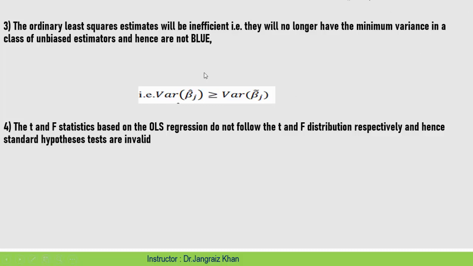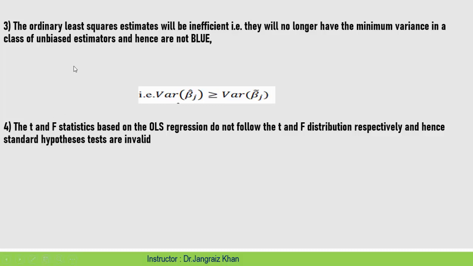Means, for example, let Bj hat and Bj bar be two estimates of the parameter Bj. Bj hat is the parameter estimated through OLS, while Bj bar is the estimate obtained through some other econometric technique.